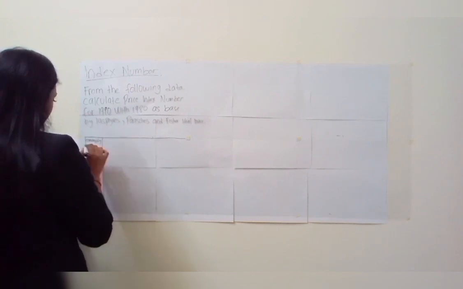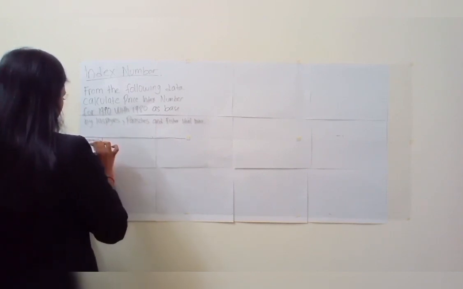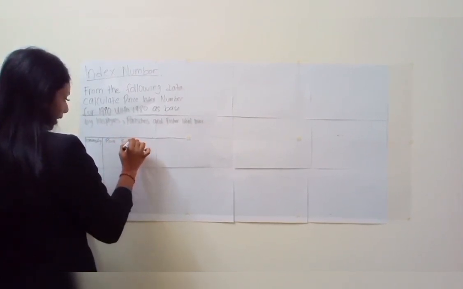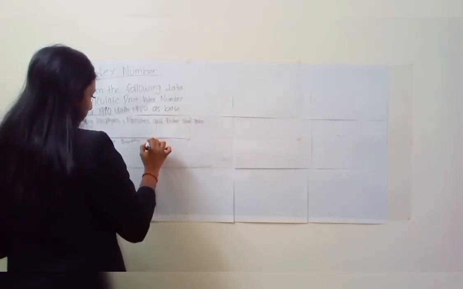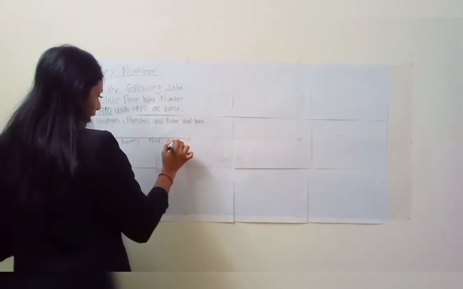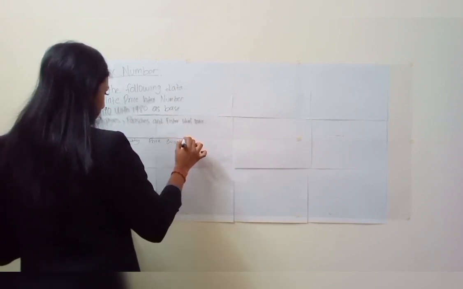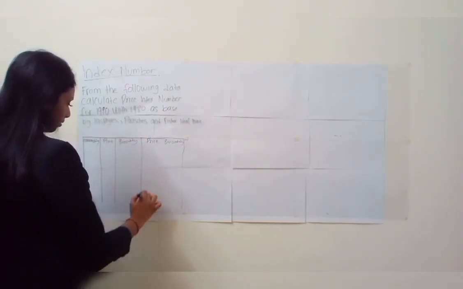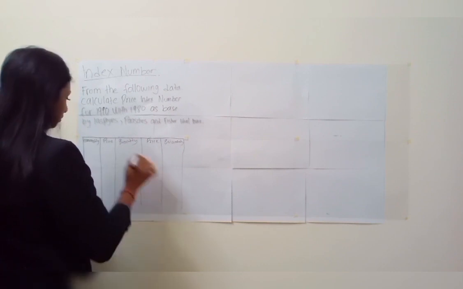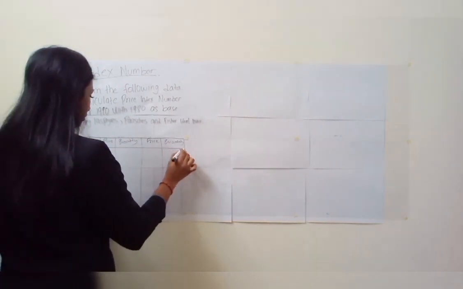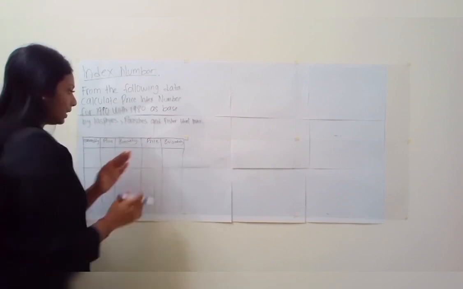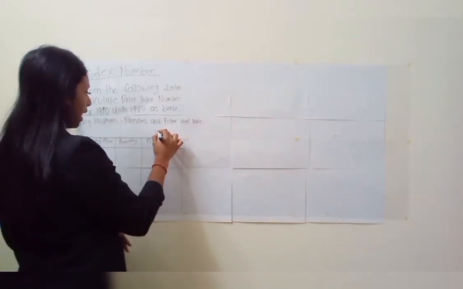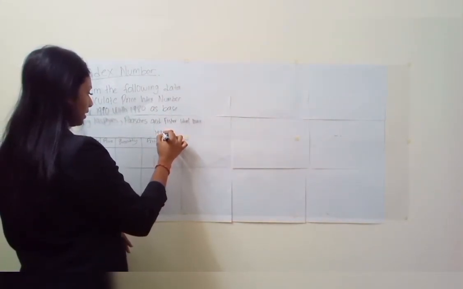So commodity, price, quantity, price, quantity. So this is the current year, 1990.